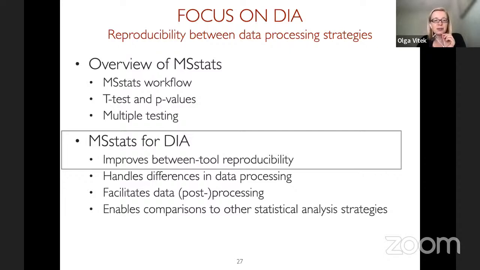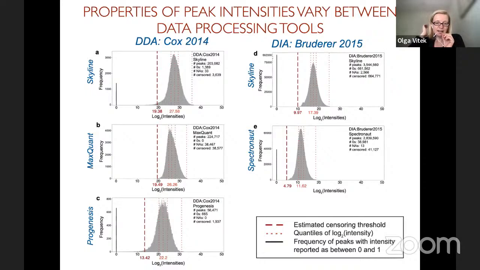Okay, so the first point I would like to make is that the specialized methods in MSstats focus on between-tool reproducibility, so that our conclusions express more the biology and less the choice of data processing tool which we selected upstream. So here are some fairly old data sets, but the same point remains for more recent data.